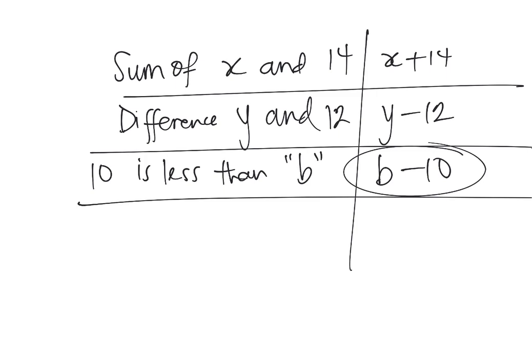You have expressions and equations. An expression is laying the groundwork for what could go into an equation. With an expression, you're not looking at the equal sign yet. When we say something is equal to something else, we're bringing in equations. If someone says 13 more than x, it means x plus 13.